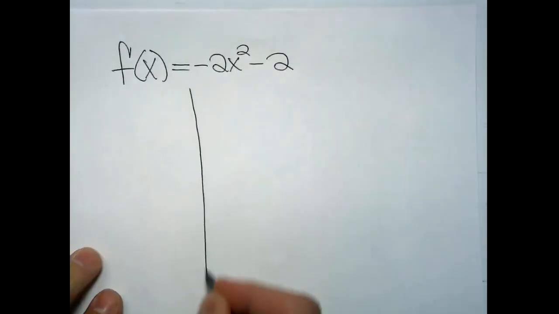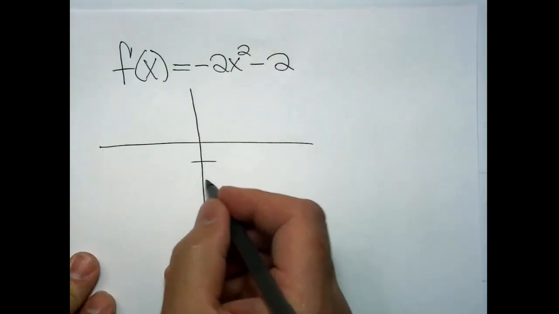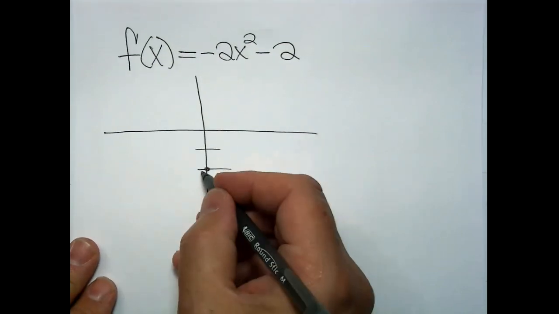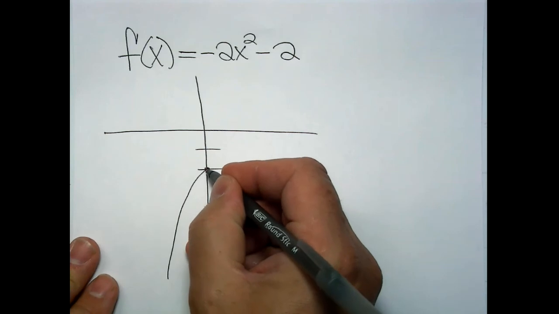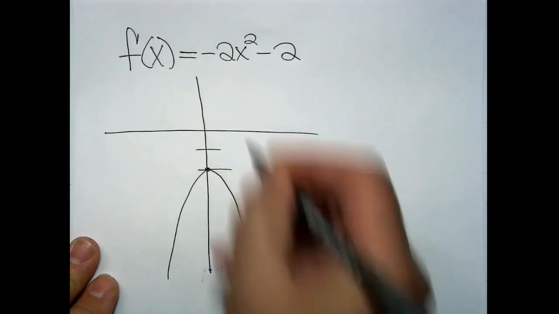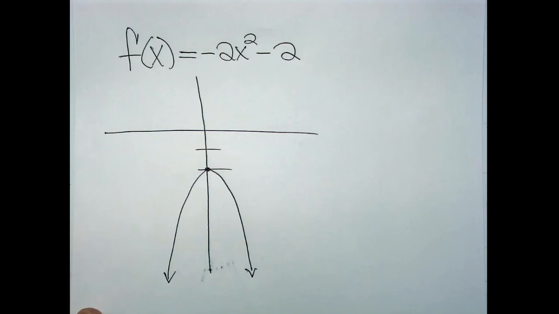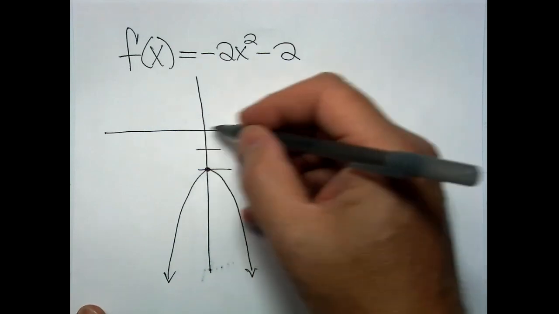This is a curve that is an upside-down parabola whose vertex sits right there at -2. It's also a pretty narrow parabola because of the 2 in front of it there. So I have a prediction.